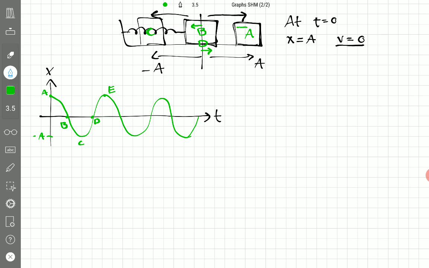So A, it started moving in that direction, but then point E is when it got back there, right? And then it repeats over and over, right? So this will be again B, this will be C, this will be D, this will be E, and so on.